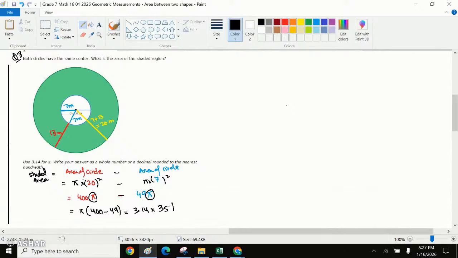And the final answer comes out to be 1102.14, and the unit should be meters squared. And this was the shaded area that is bounded between two shapes.